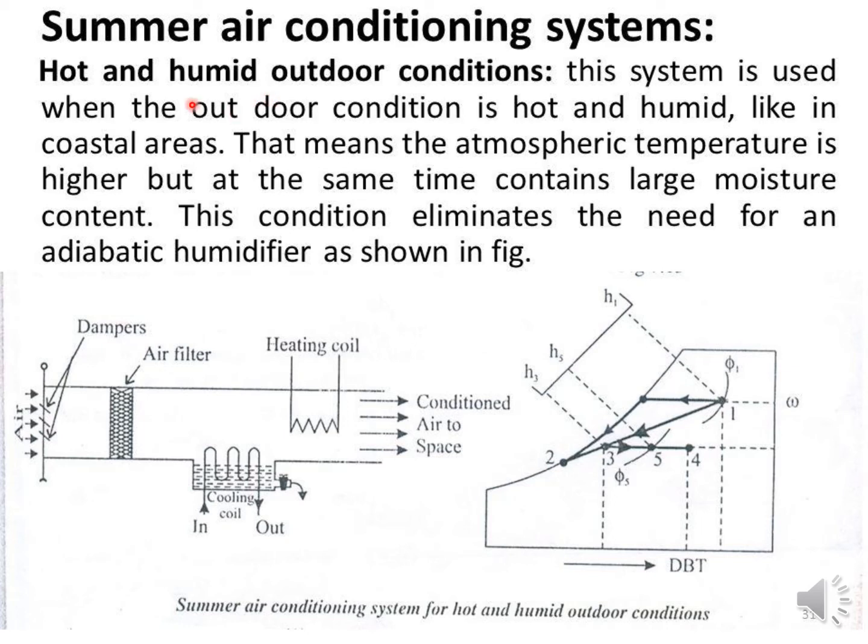So for hot, what should I require? Cooling coil. For humidity removal, I require a heating coil. Earlier for humidifying, what did I require? Water, that adiabatic humidifier. Here it is a heating coil instead. Why is that heating coil used here? To dehumidify. Dehumidify means to reduce the humidity of air, right?